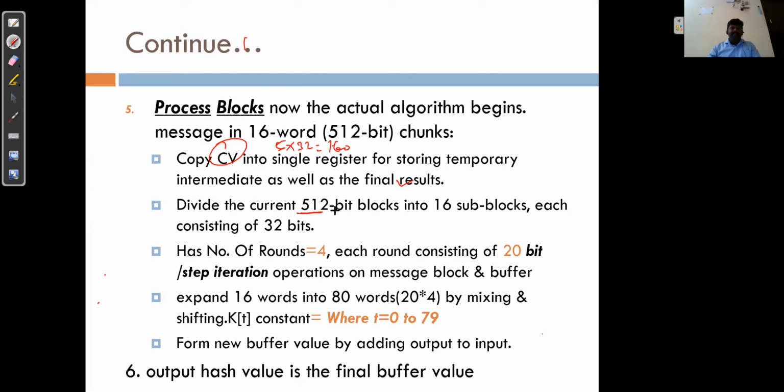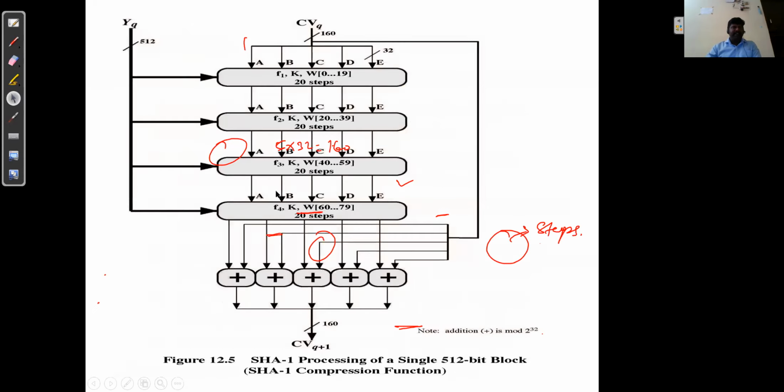And then we are dividing the entire plain text into 16 sub blocks, each equal to 32 bits in size, and then 4 round functions, 20 steps each. And the constant value, I just now explained with the diagram.